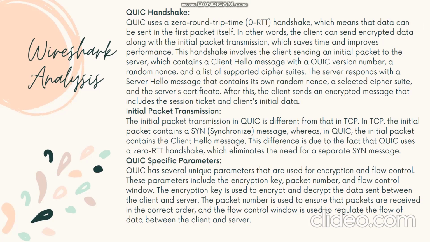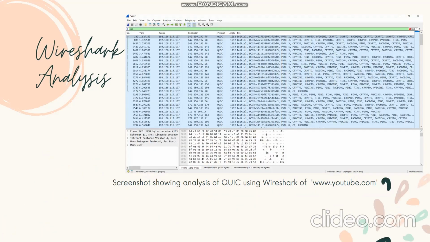Before moving to initial packet transmission, after we send the message which contains the client hello, the server responds with the server hello message that contains its own random nonce, a selected cipher suite, and the server certificate. After this, the client sends an encrypted message that includes the session ticket and the client's initial data. We can see the server's response in this diagram.